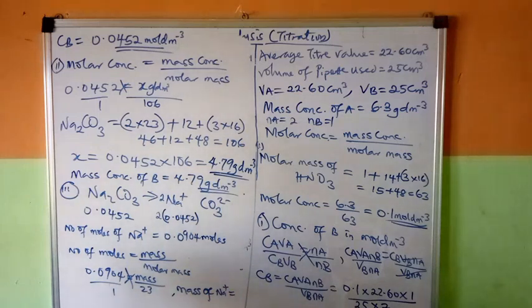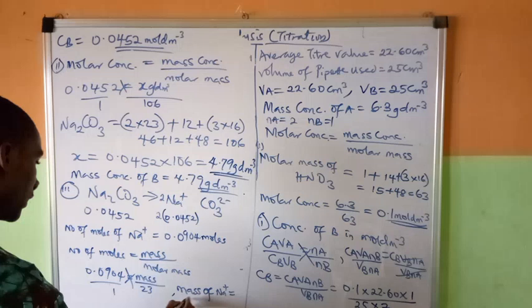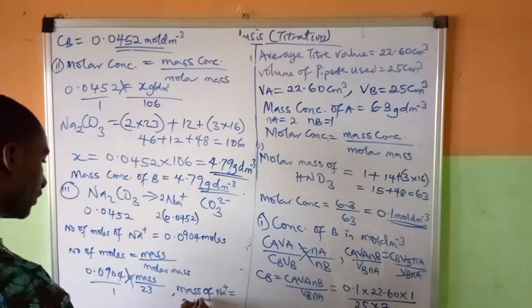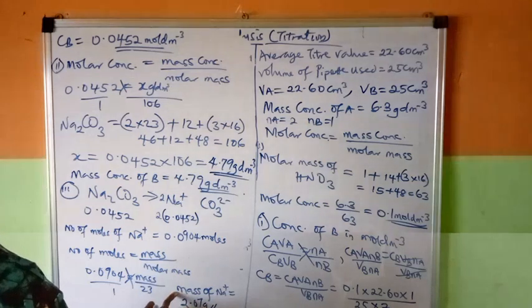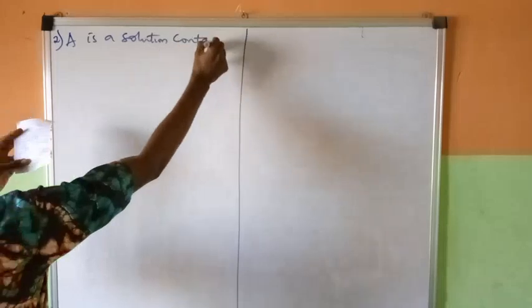And if you multiply your 0.09 by 23, your answer is going to be 2.07. 2.07 grams. The mass of sodium ion is 2.07 grams. That is the answer to the question.